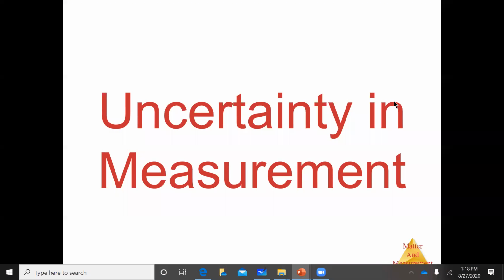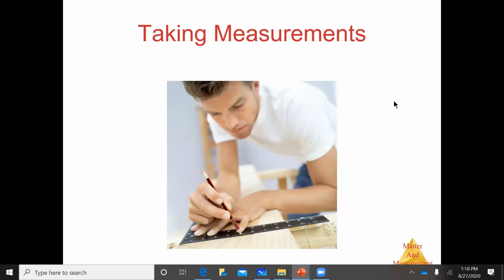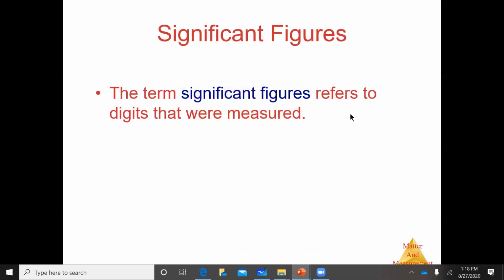So, uncertainty in measurement. Whenever you're taking a measurement, there is a certain amount of uncertainty based off of you as a measurer and the equipment that you're using. Someone had asked how many decimals do you want us to use? And I said I'm going to go off of significant figures.